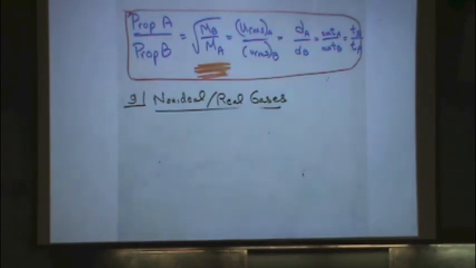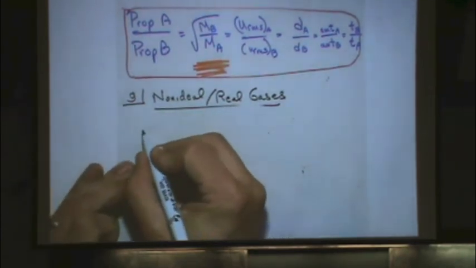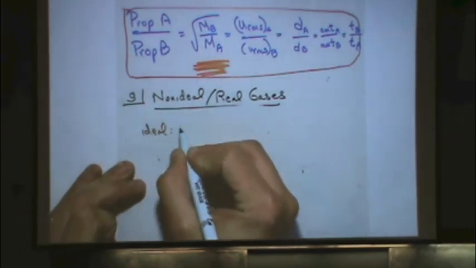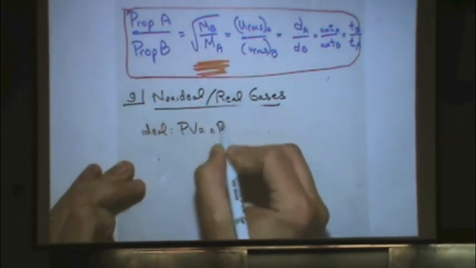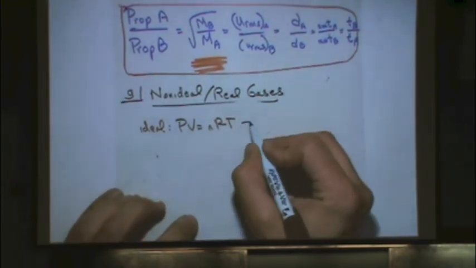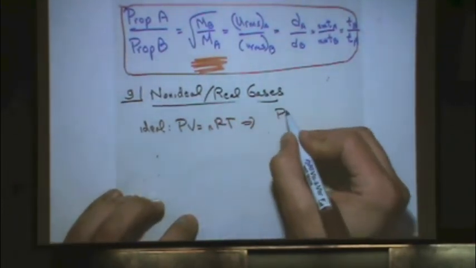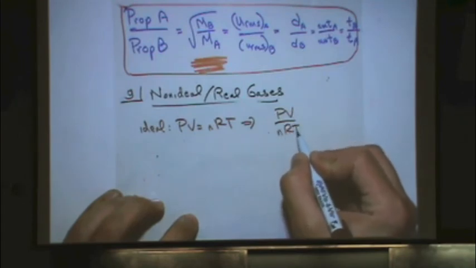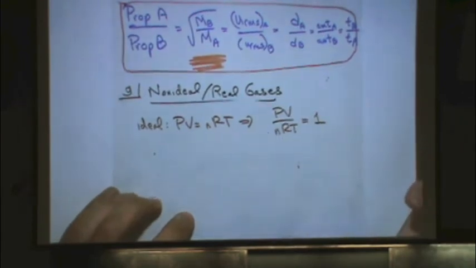For an ideal gas, we know the following. PV equals nRT. Oh, and again, if you need the page, it's page 48 of the reader, and for the textbook, page 228. Okay, and I'm going to rewrite this. PV over nRT equals the number 1.